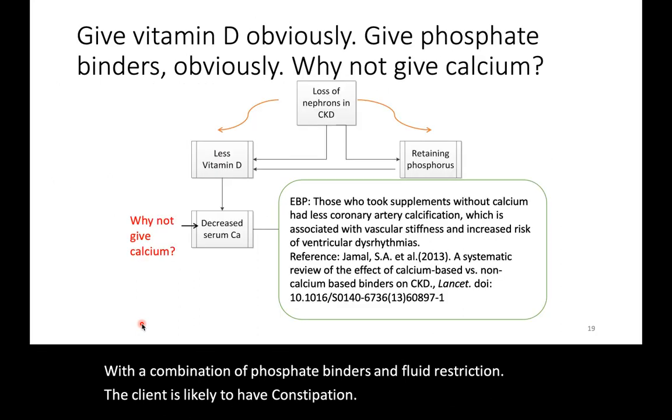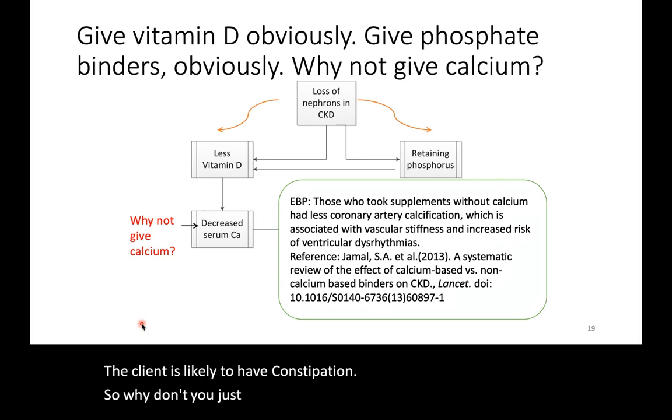So why don't you just give calcium? You give vitamin D, obviously. You give phosphate binders, obviously. Why not give calcium?